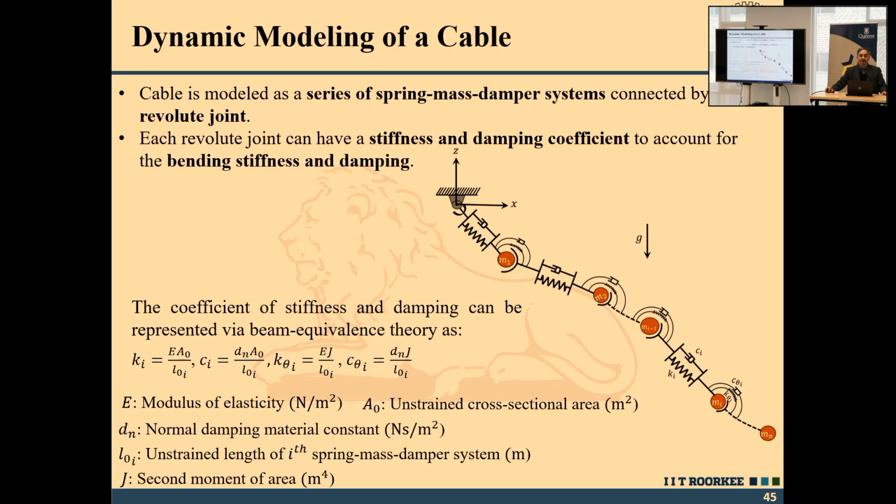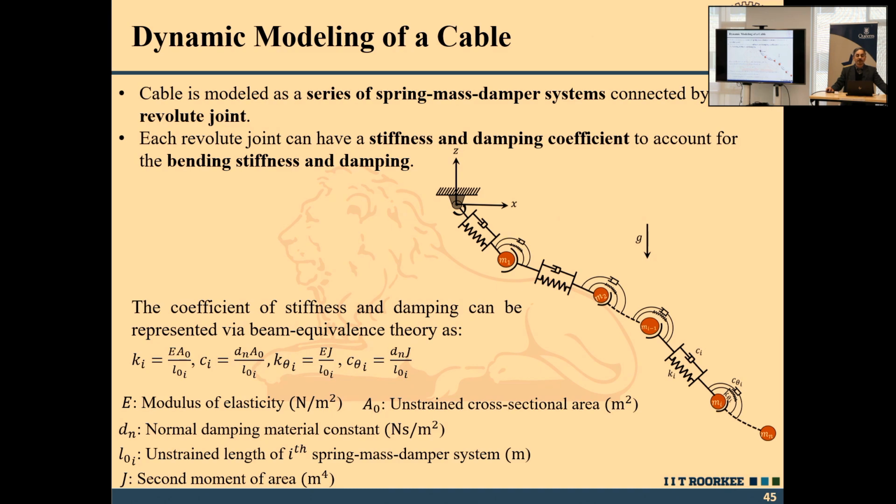We modeled the cable as having stiffness and damping in the transversal direction, and to take care of the twist in the cable, we considered the torsional stiffness as well as torsional damping, as you can see over here. And to take care of the cable mass, we lumped the mass parameter over a definite segment. Okay. So, this is how we did.